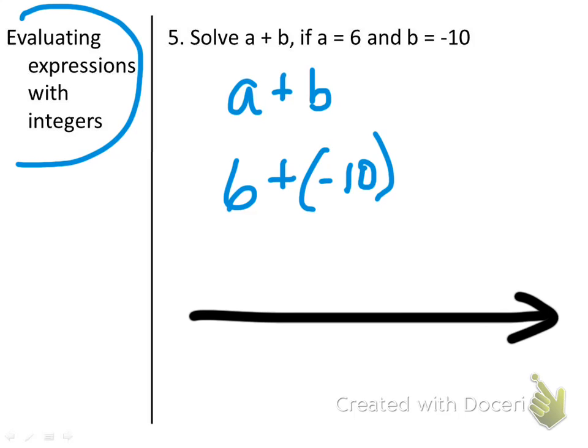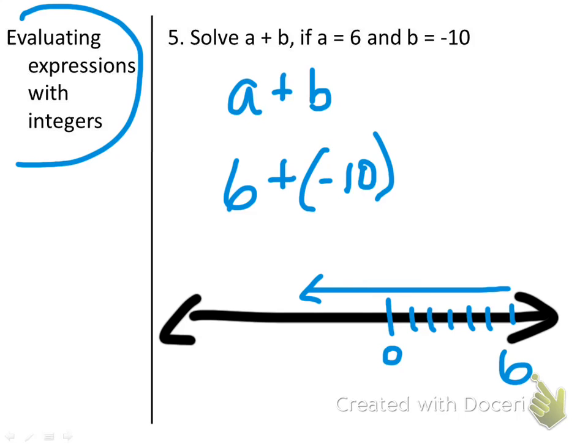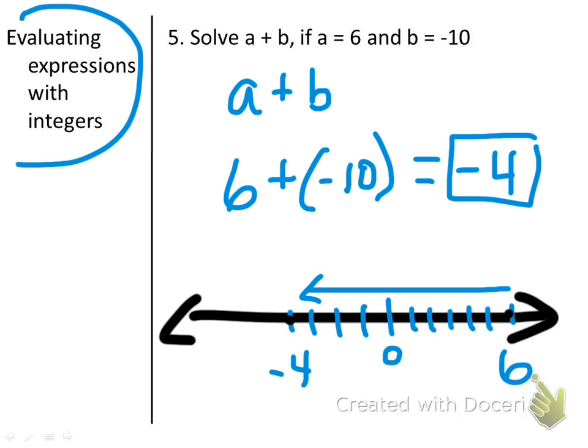If I were to draw a number line, start out at 0, go to 6, and then subtract 10. Where am I? That's right, -4. So 6 plus -10 is -4.